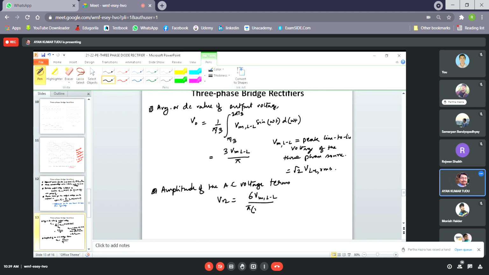You have studied Fourier coefficients in your previous classes, so you can just apply the formulas. Here n is 6, 12, 18 and so on.